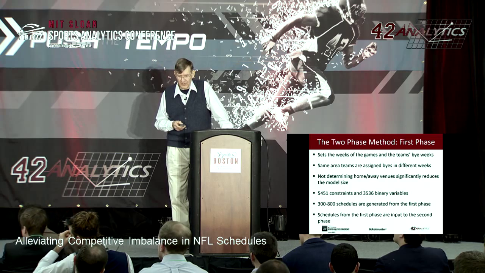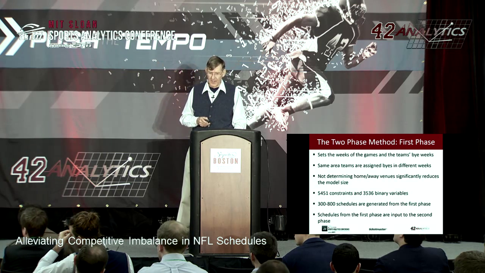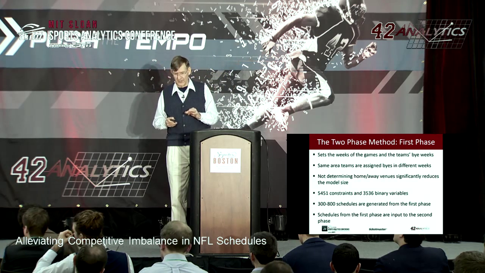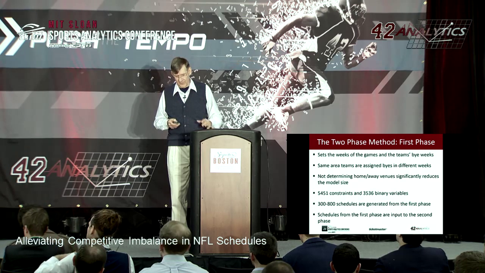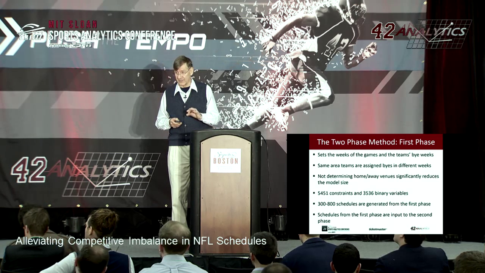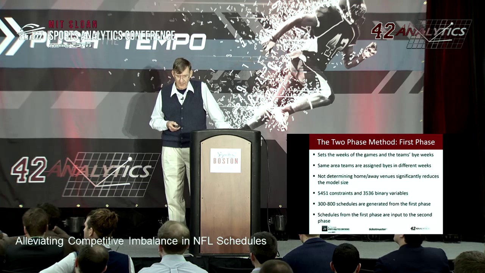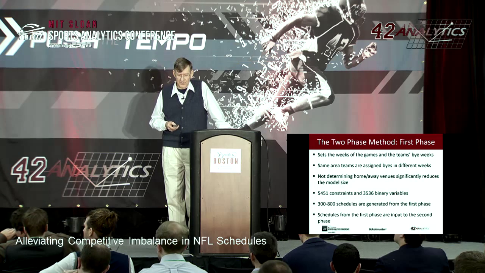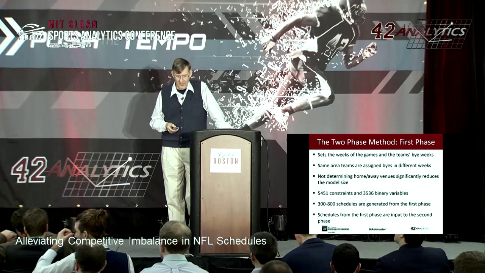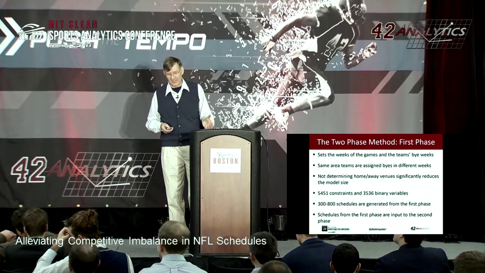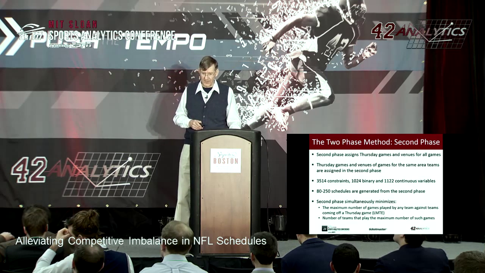Same area teams are assigned byes in different weeks, and we don't determine the home and away. This ends up giving us 300 to 800 schedules for any of the seasons that we've tested. This mathematical model has over 5,000 constraints, 3,500 variables, and generates lots of schedules we put into the second phase.